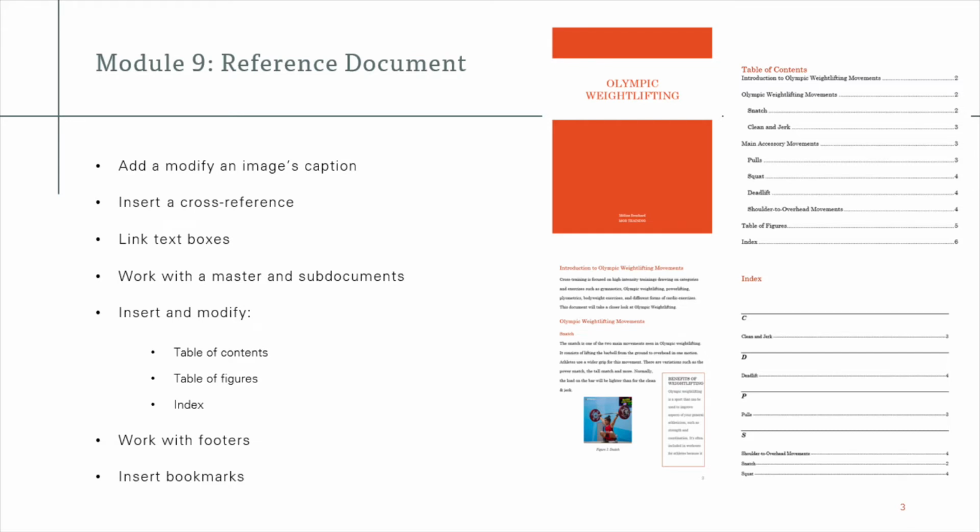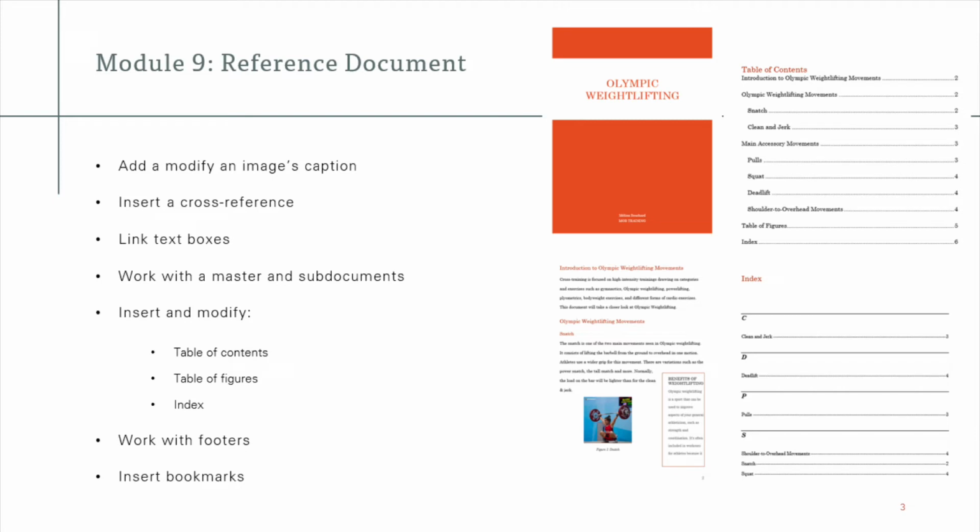This module was the hardest of the 4 in my opinion, because most of these things I had never done before, mainly the subdocument and master document, and I had quite a few problems with them. However, I was able to sort it all out, and I can now do it again on my own if I need to.